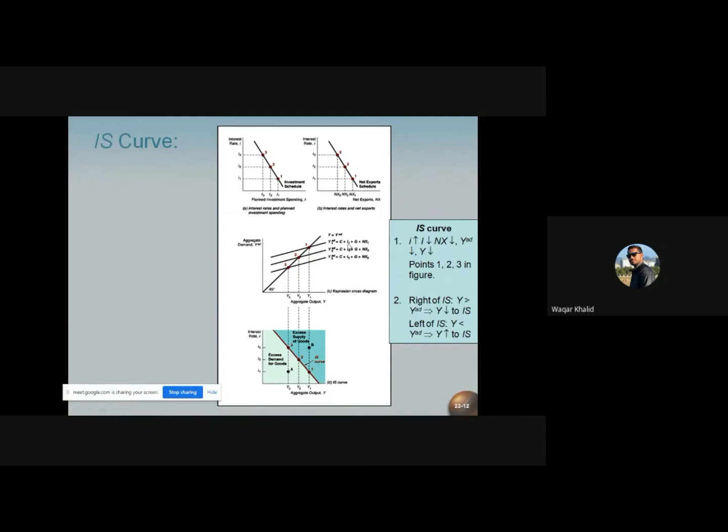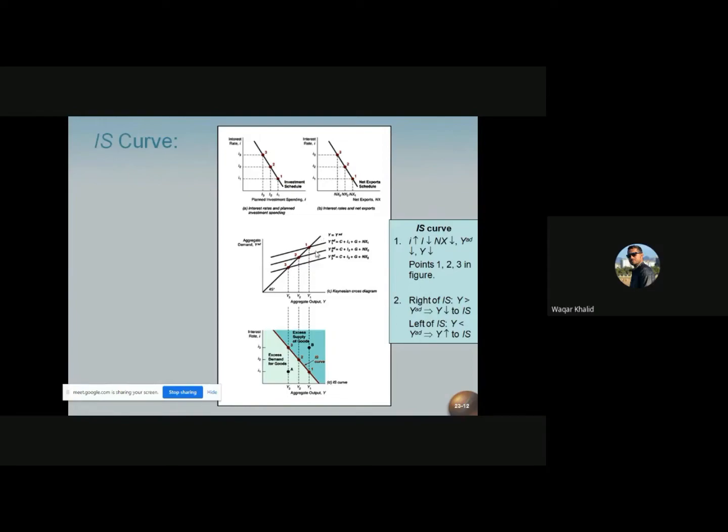Actually, I1 represents the original interest rate, and NX1 represents the original net exports value. So this was the original aggregate demand curve, and the 45-degree line represents the aggregate output curve.